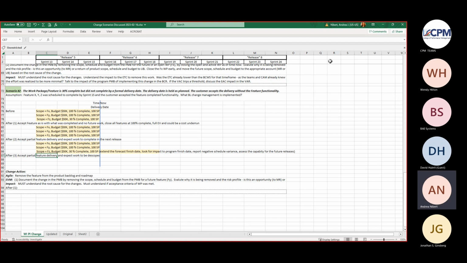And you're right. If you're new to Agile planning and you plan it so that there's zero extra capacity in the future releases, you're right. You are sitting on a forecast program period of performance extension. Yeah.